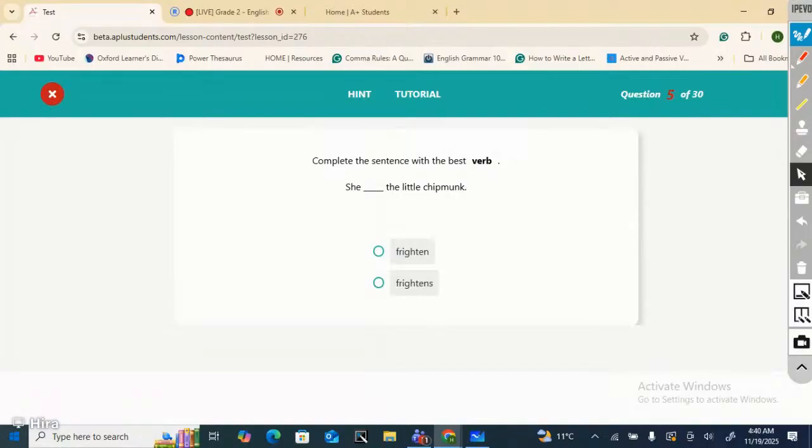She blank the little chipmunk. Now the verb is missing. Select the best verb. Frighten or frightens. She is a singular subject. So choose a singular verb.